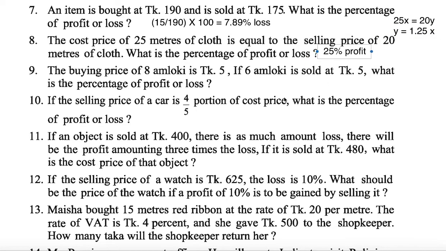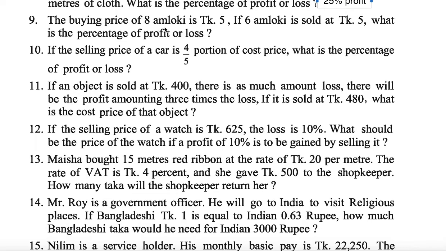Okay, alright. The buying price of 8 almonds is 5 taka. If 6 almonds are sold at 5 taka, what is the percentage of profit or loss? Okay, this is the buying price. The cost price, CP, for 1 almond is how much? 5 by 8 taka.